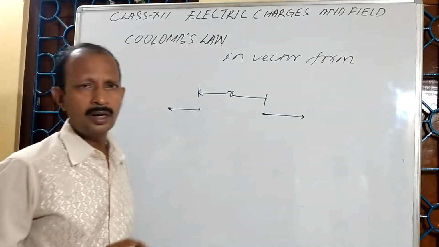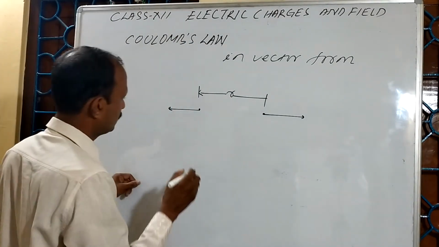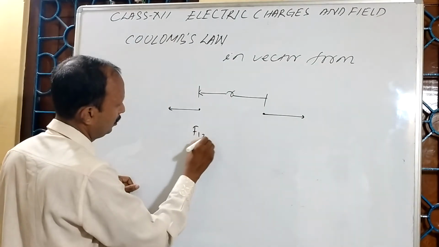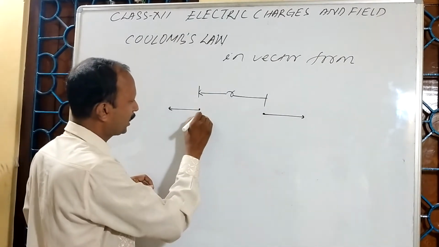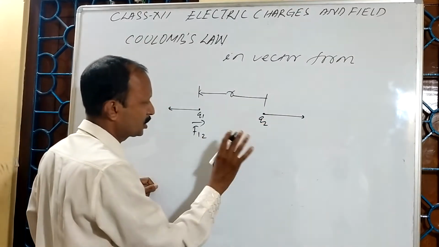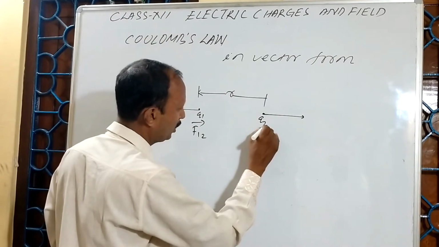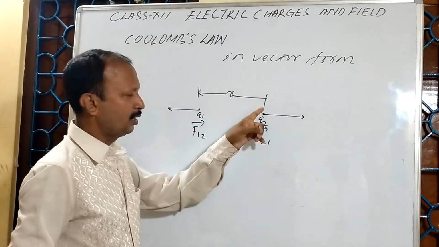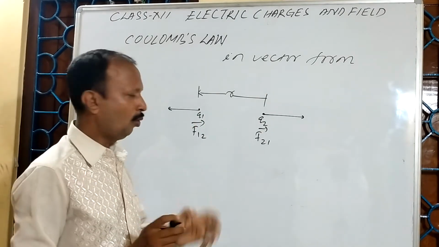Now we will consider its vector form. So in this case, I am writing F12. That means force acting on charge Q1 due to charge Q2. This side I am using F21. That means force acting on charge Q2 due to charge Q1.